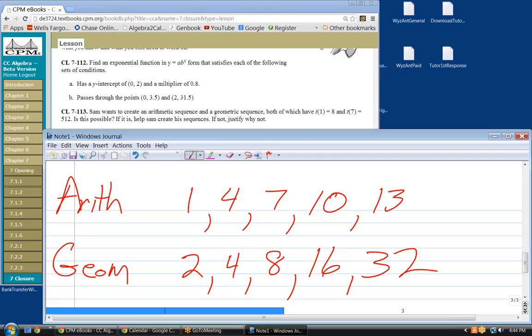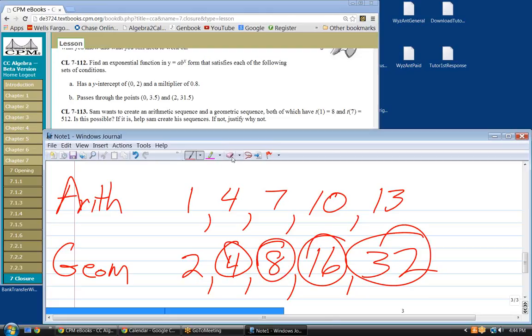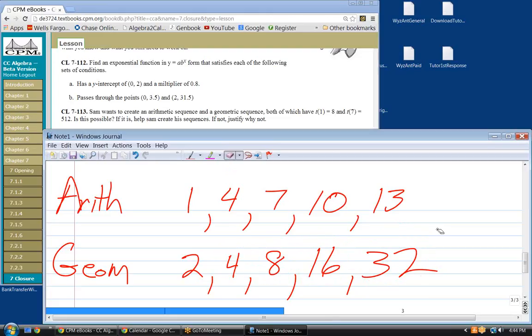So there's a common ratio. In other words, if you want to find the common ratio, just take any number and divide it by the previous number. 8 divided by 4 is 2. 32 divided by 16 is 2. So there's a common ratio. That's what makes a geometric sequence.